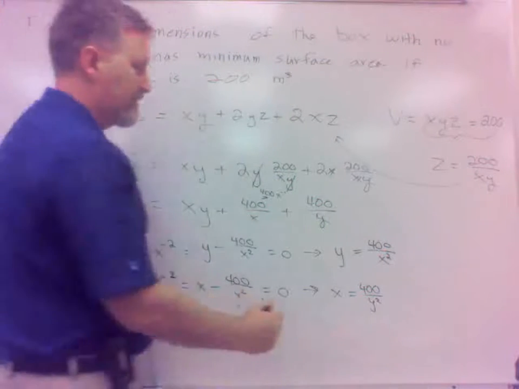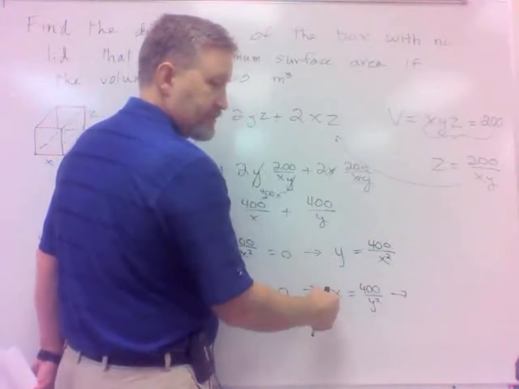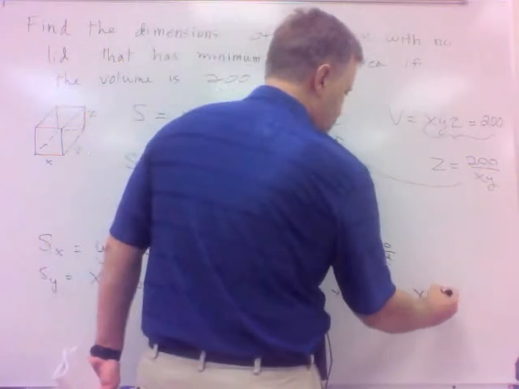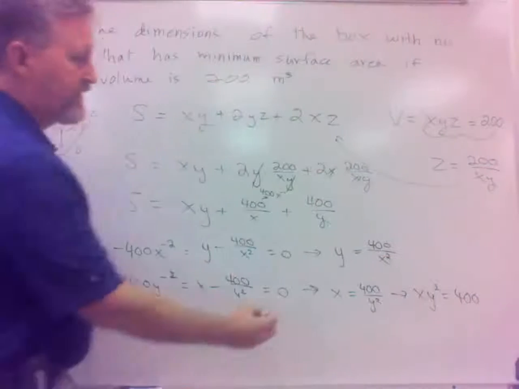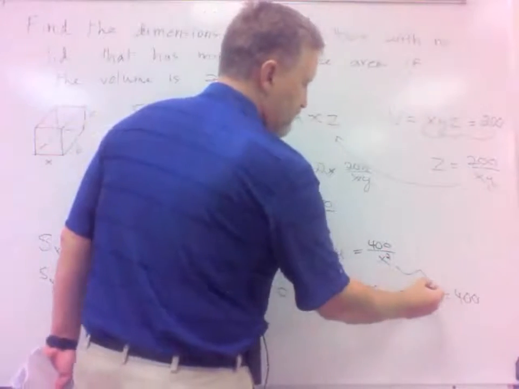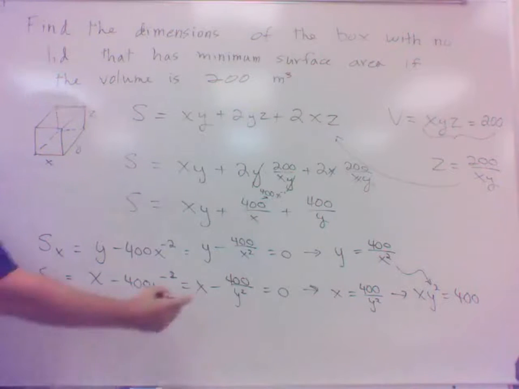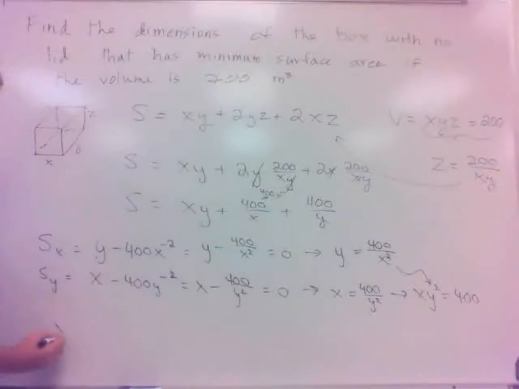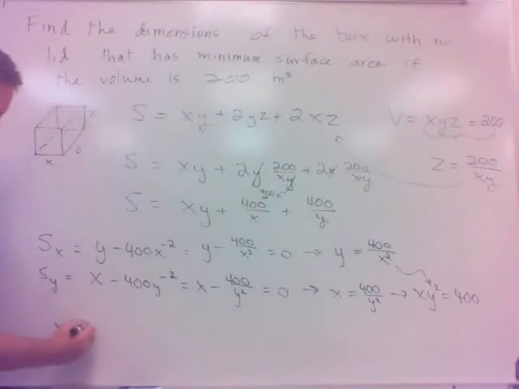To make it easier to substitute, let's multiply both sides by y squared. So we have xy squared equals 400, and then we won't have those complex fractions. Now we can drop that in for my y. So that would be x times y squared, but I'm going to put in 400 over x squared for the y. So it would be x times 400 over x squared, squared, equals 400.